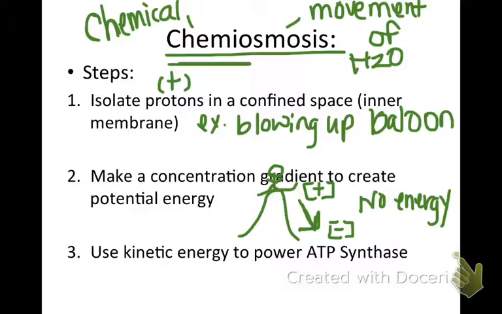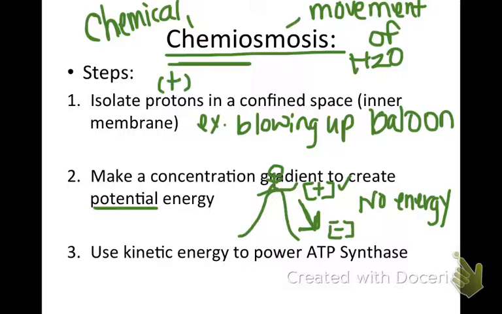After you have confined those protons, you've built them up so big, and you've made this high concentration, you're going to want to release that energy. Remember, while you're packing those in there and making a concentration gradient, you have potential energy. Remember, that's the energy of position, the energy of sitting still.